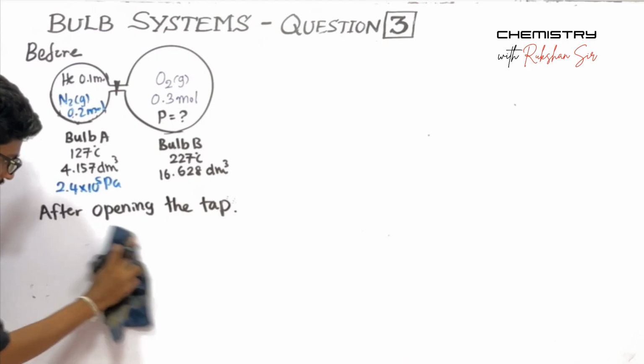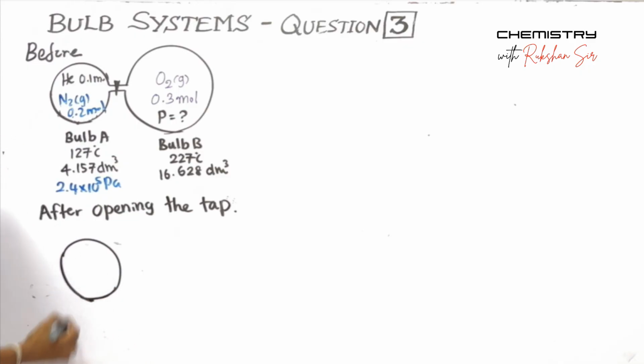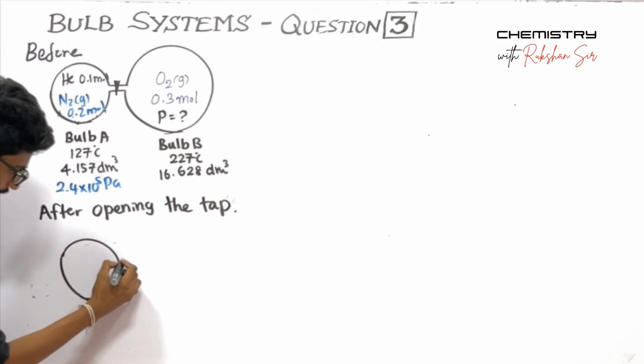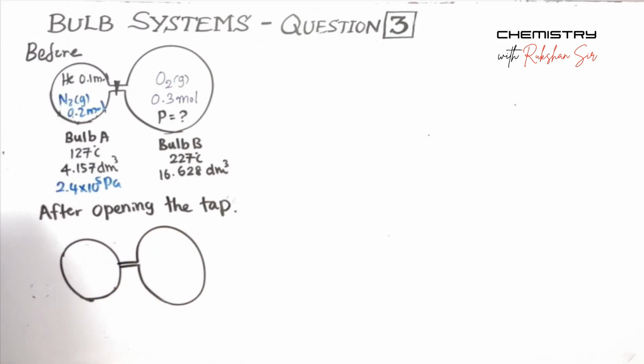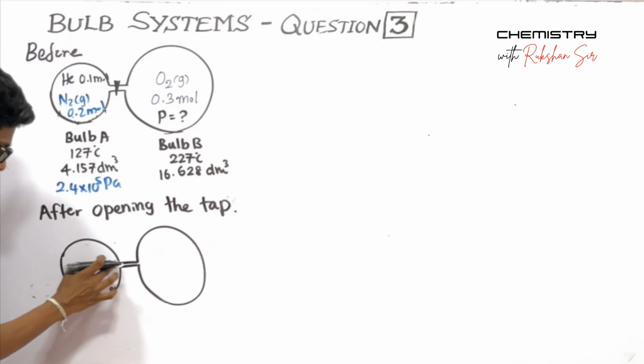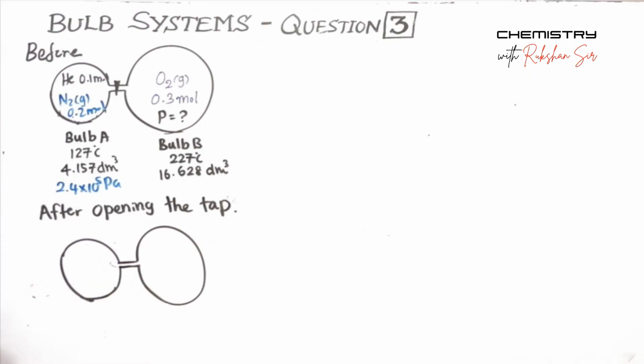Two vessels are there. The volumes won't change, right? These are rigid vessels. By opening a tap, by changing a temperature, these things won't change the volumes. These are glass bulbs.